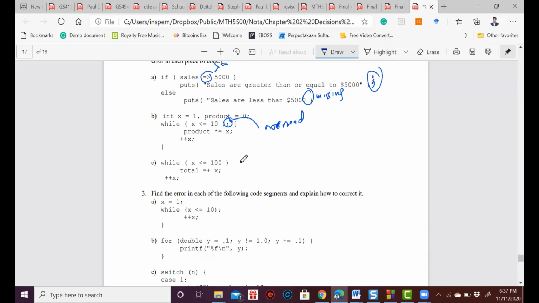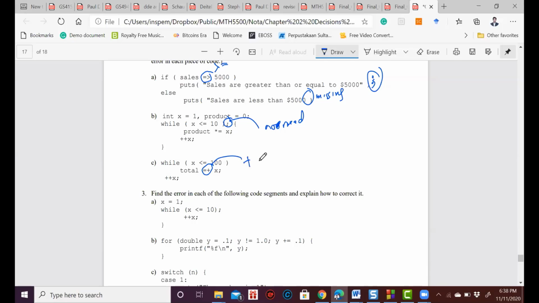And then x equal to 1. Total plus equal x. Plus equal x. Which one? Yeah, C. This. Total. Okay, no, this one is wrong. We don't have this one; actually it is the other way around.